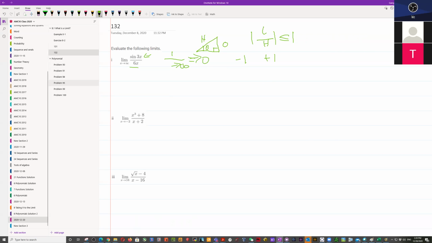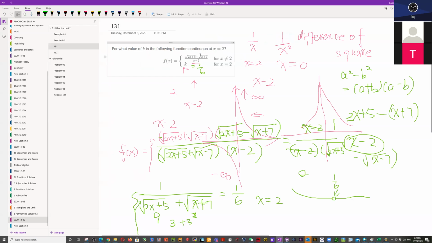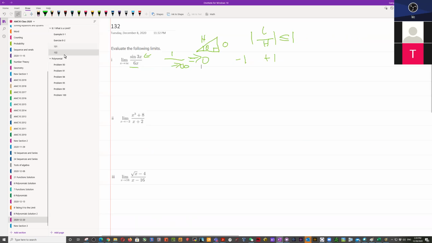And this is another case. In the previous case, in 131, we rationalized the numerator to get it. This one is not rationalized, it's factoring, because the numerator is higher than degree 2.